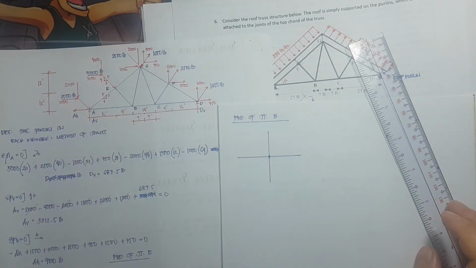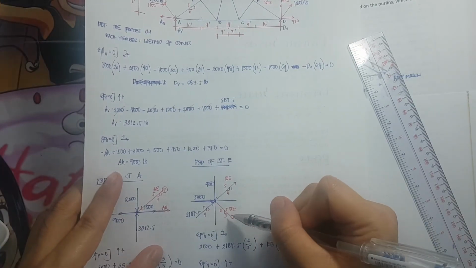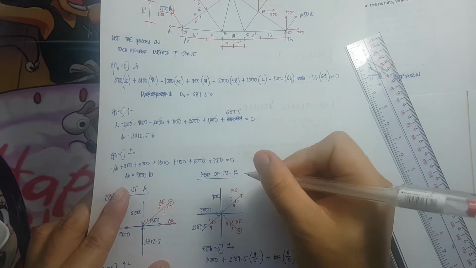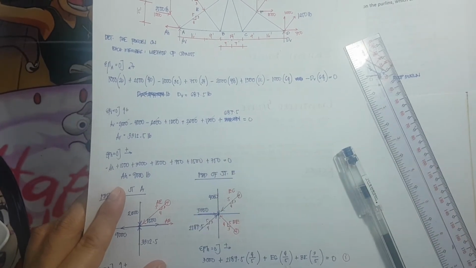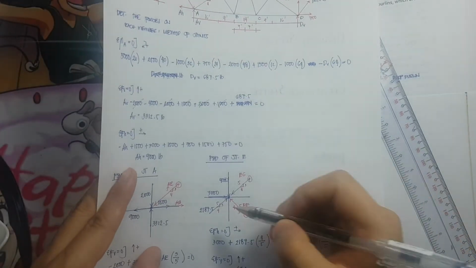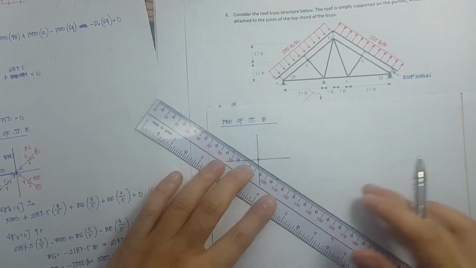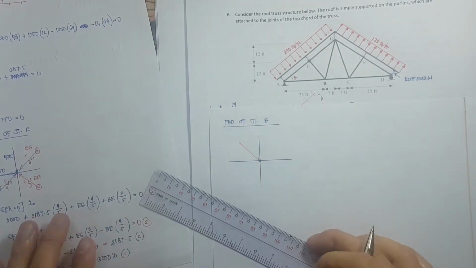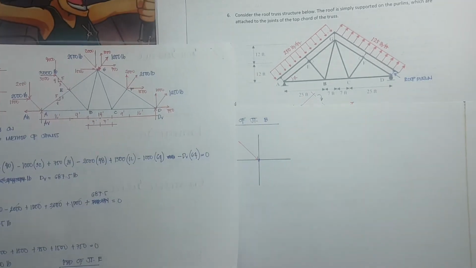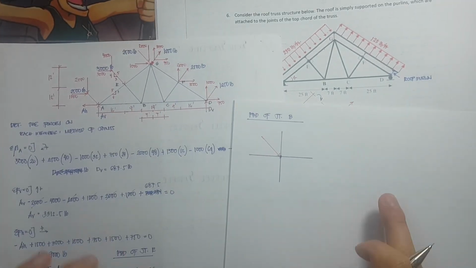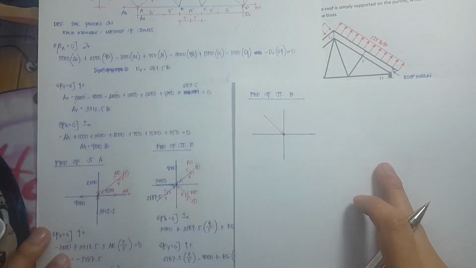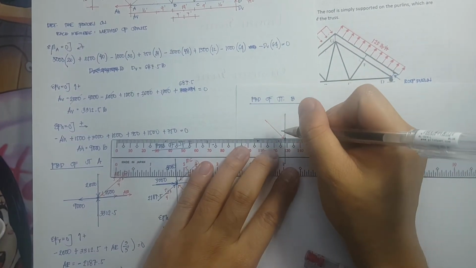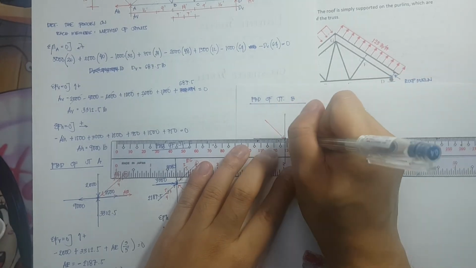We have BE. So BE here is compression. That is also compression. So if it is towards the joint, this time it is also towards the joint again. Okay, so we have there BE plus we have AB. AB is tension. So it is towards this point.